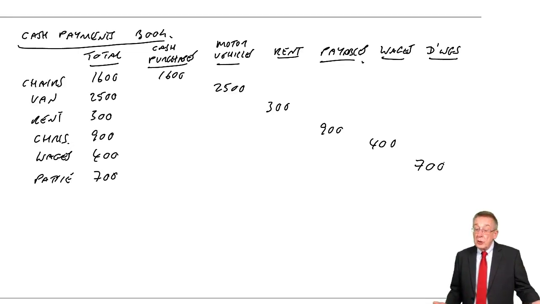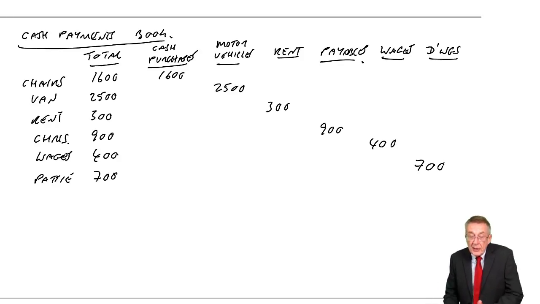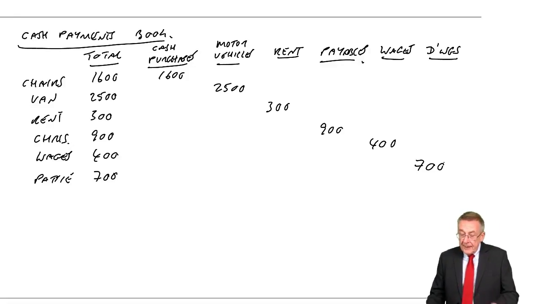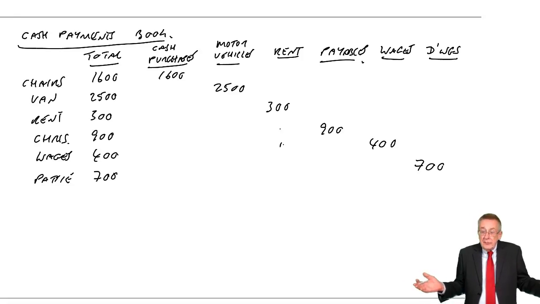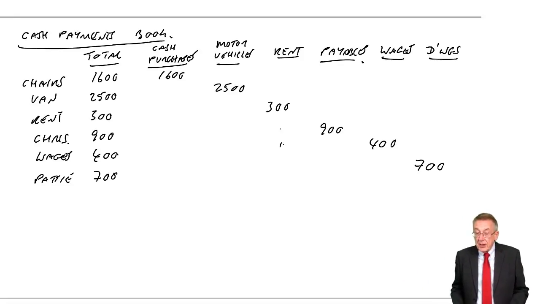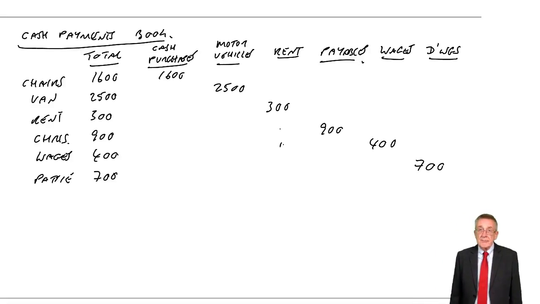And appreciate this is just a short example. In practice during the month there'll be thousands of payments, thousands of receipts. Rent. Maybe we made several payments during the month. Well, fine. They'd all have gone to the rent column. Cash purchases, all to the cash purchases column, and so on.